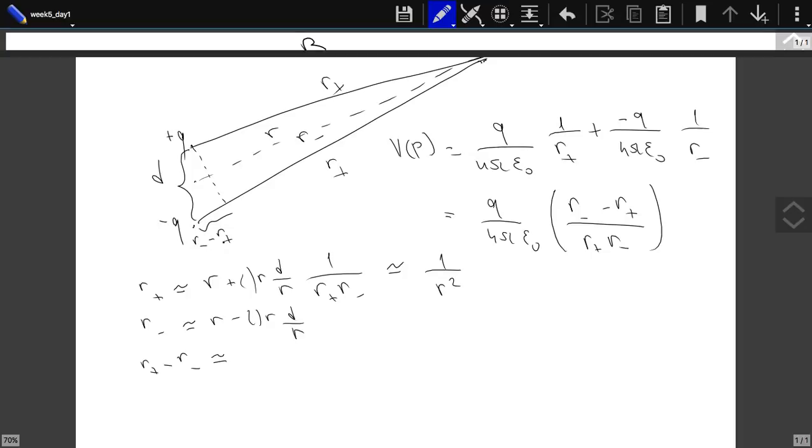If we approximate these angles by 90 degrees, we have a right triangle here. Furthermore, if this angle is theta, this angle over here is also theta. And we see that R minus minus R plus is nothing but D times sine theta.